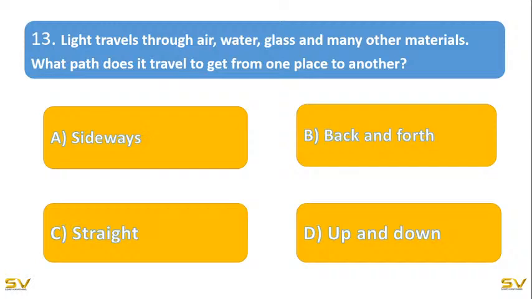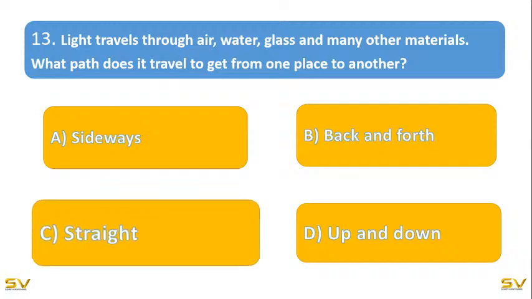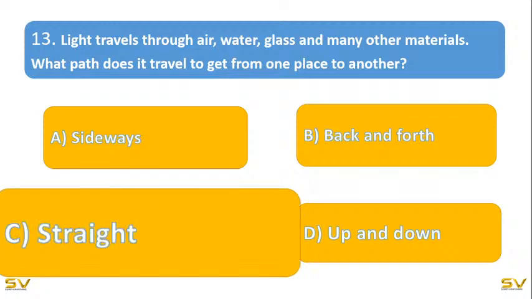Now I'm revealing the answer. Yes, again it's correct. It's C only. So very good. C is correct, ma. So it always travels in a straight line path only. Very good.